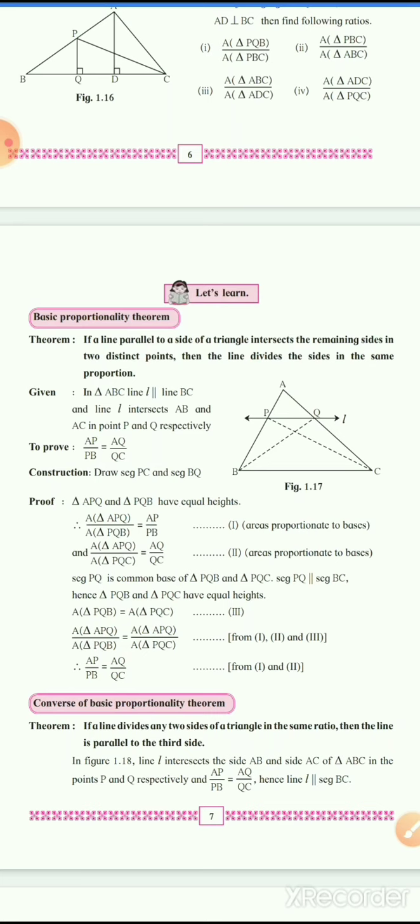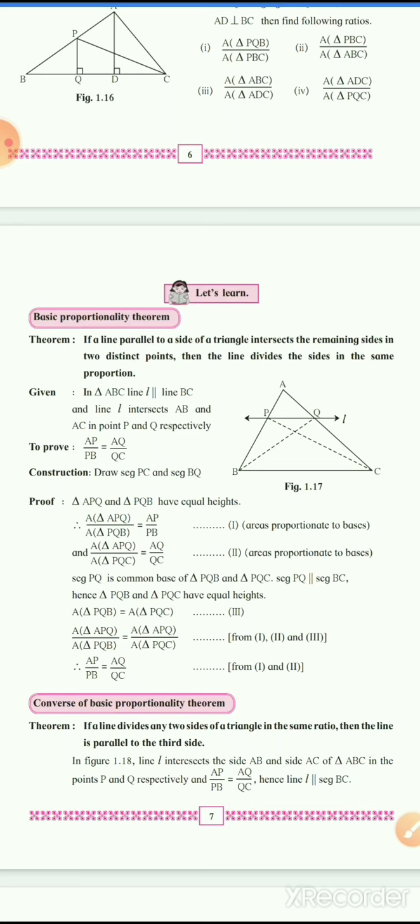So we can write the right hand side of statement number 1 is equal to the right hand side of statement number 2, means AP upon PB is equal to AQ upon QC.